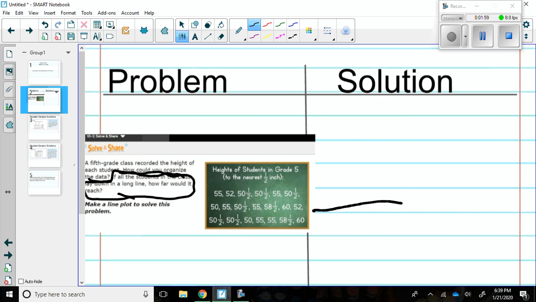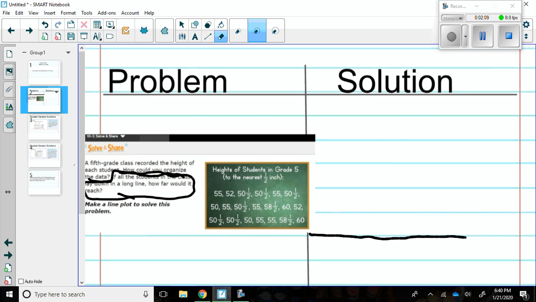Okay, so I'm going to create a line plot. Let's see if I can do a better job. Here's my line. The first thing I want to look at is I want to start my line plot with probably the smallest number of data represented.